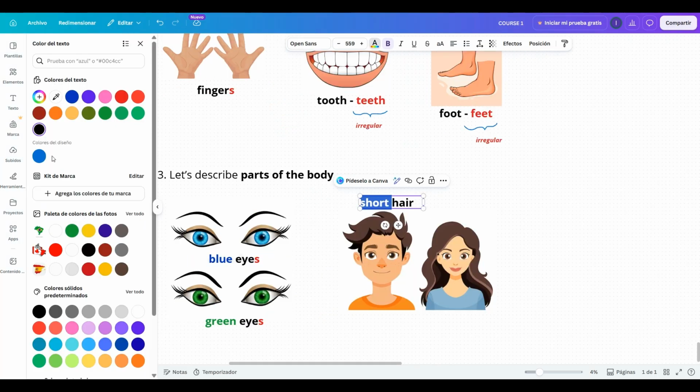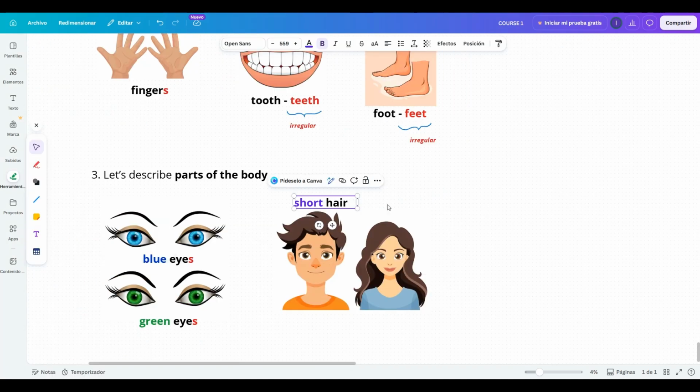What color can we use for short hair? Okay, we can use this purple, right? Short hair. How about this? Long hair. Short hair. Long hair. Or maybe, okay, strong arms.